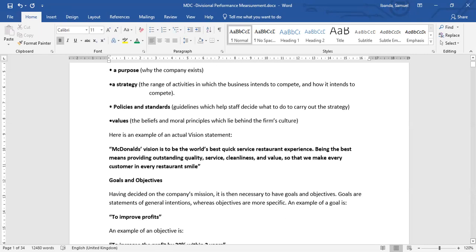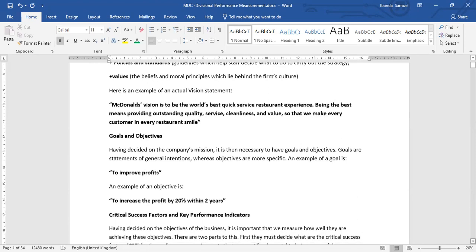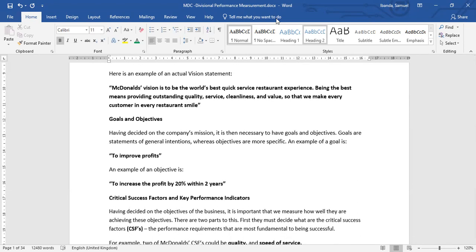And then of course we have the goals and objectives, which you must be aware of now. The goals come from the mission, okay? It's basically a breakdown of your mission. Once you have your mission, then you break it down in terms of your goals and objectives, okay? So an example of a goal can be, for example, to improve profits, okay?